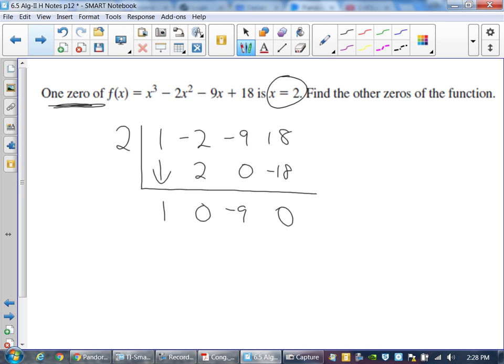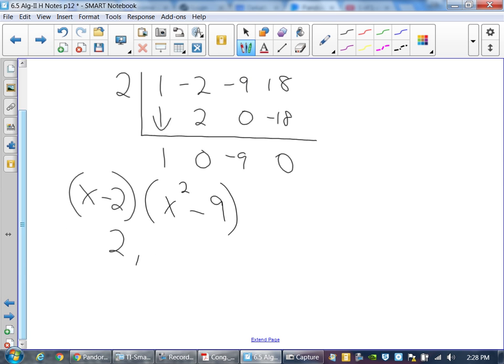It's add and multiply. Add and multiply. Okay? So if 2 is my 0, my term is x minus 2. Here now I dropped it a degree, so what am I left with? x squared, 0x, minus 9, which means what are all my zeros? 2 plus or minus 3.